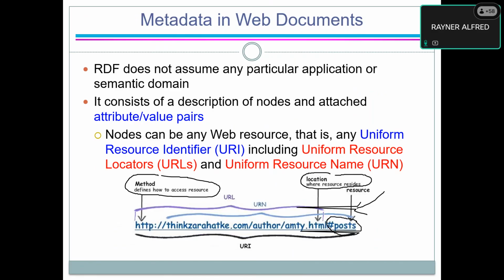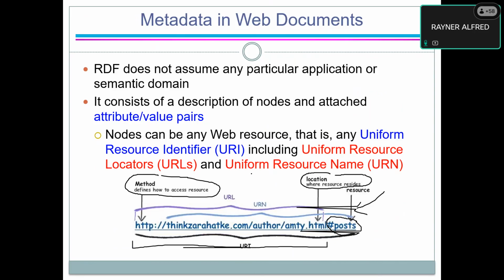Okay, so the whole thing is called a URL, which is the Uniform Resource Locator, and we also have the Uniform Resource Name, which is up to here, that tells you the method and also the location. Okay.